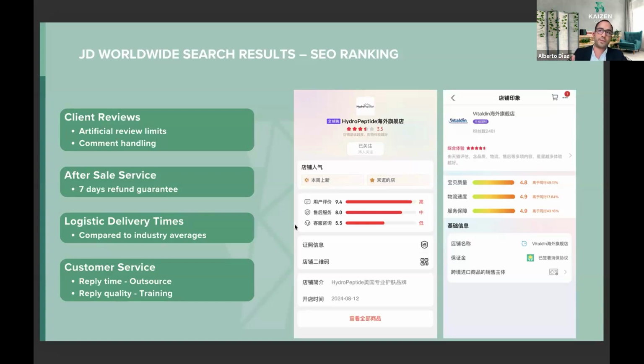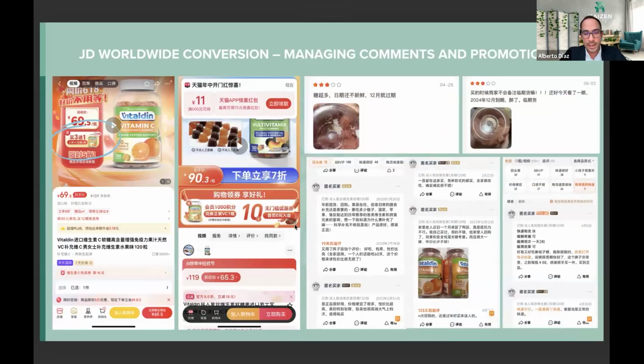If you claim to have a 24-hour delivery or a 5-day logistic delivery, but this doesn't happen, of course, this penalizes the store punctuation. So this is first. Then conversion. When the client lands in the store, it's very important to improve conversion by making sure your listings are optimized.